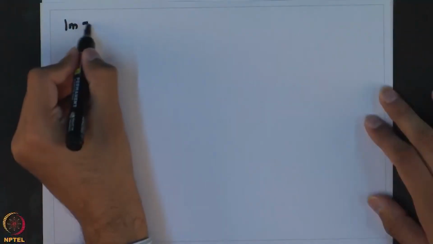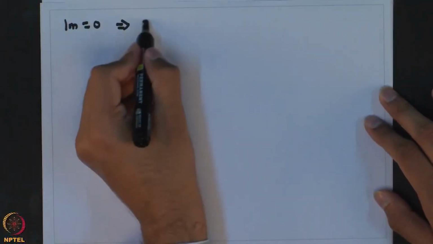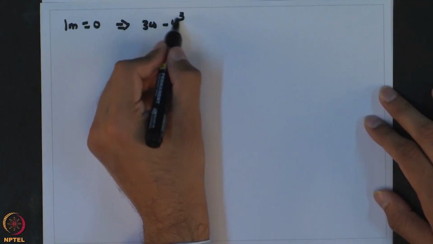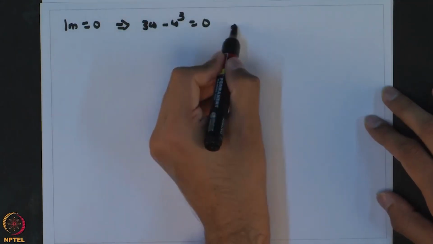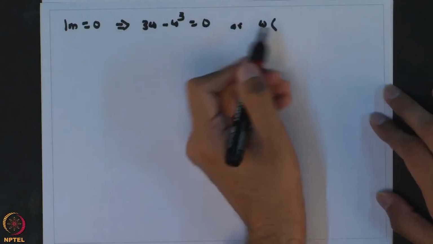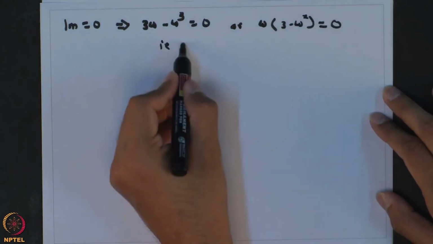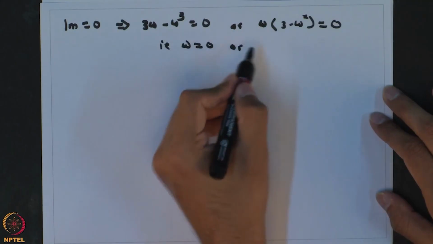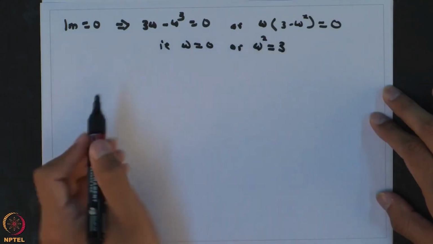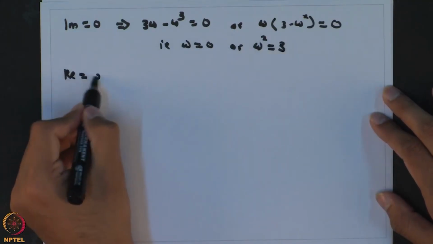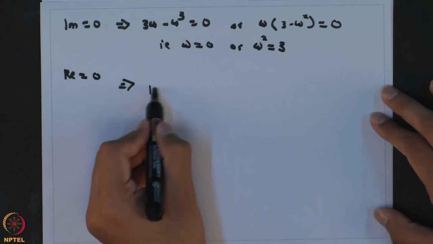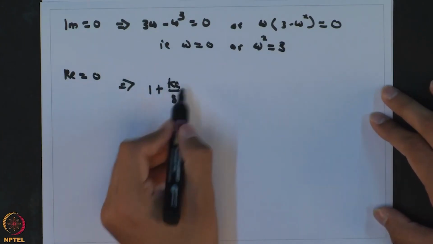From the imaginary term equal to 0 we get 3 omega minus omega cube equal to 0, or omega into 3 minus omega square equal to 0, that is omega equal to 0 or omega square equal to 3.